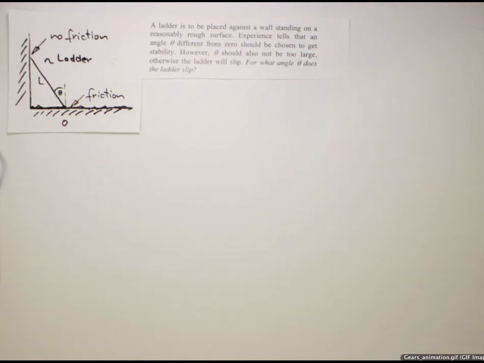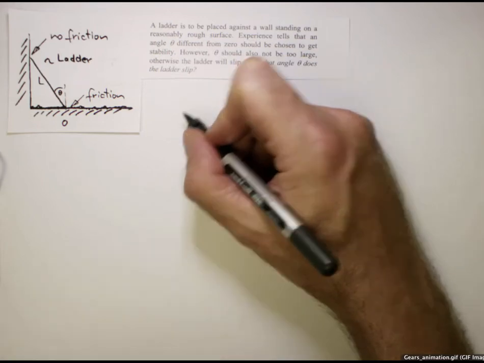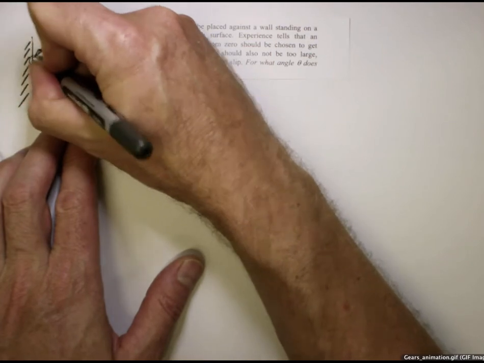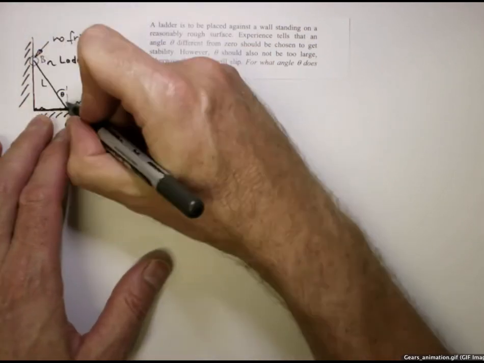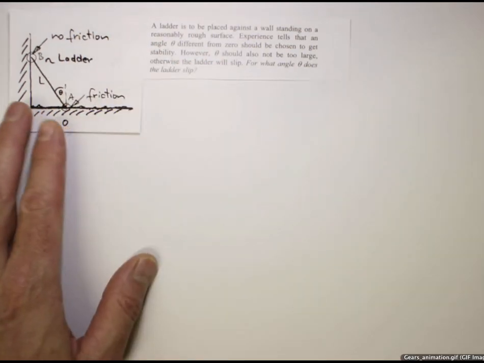This kind of problem can be solved with the condition of static equilibrium. So let's illustrate the situation a bit further. So we have a point B here, a possible pivot point B there, a possible pivot point A there.